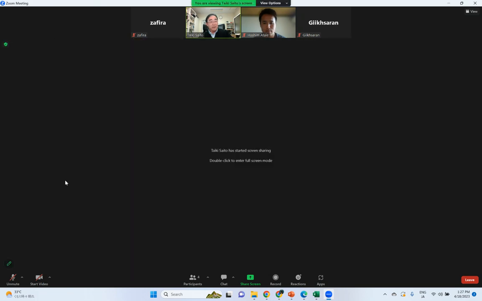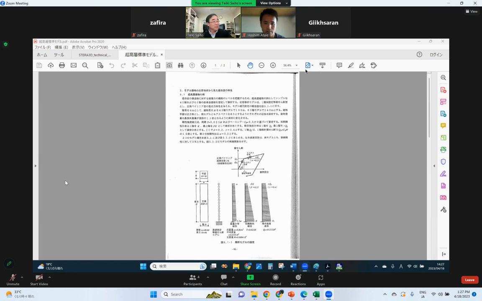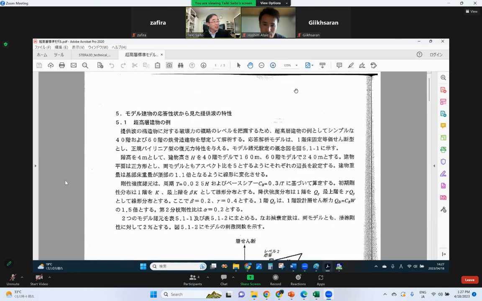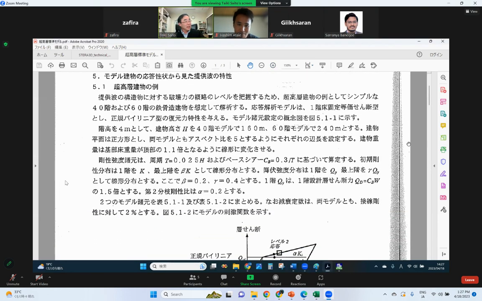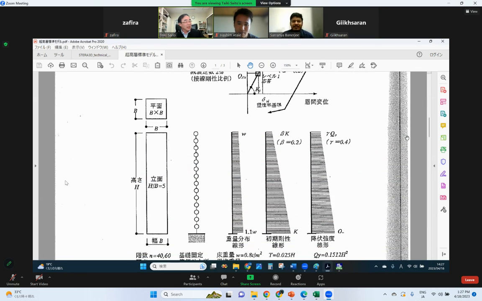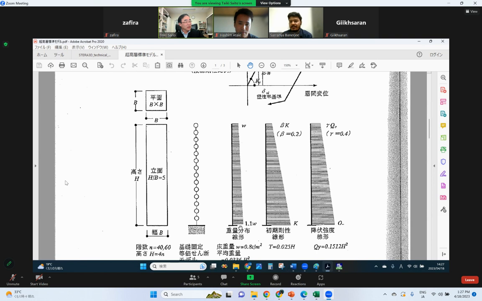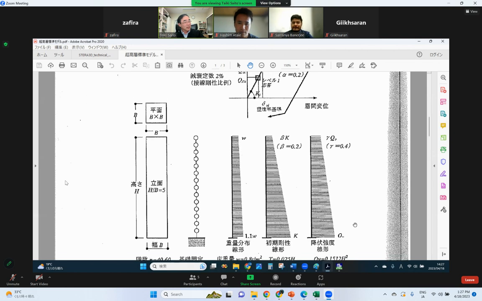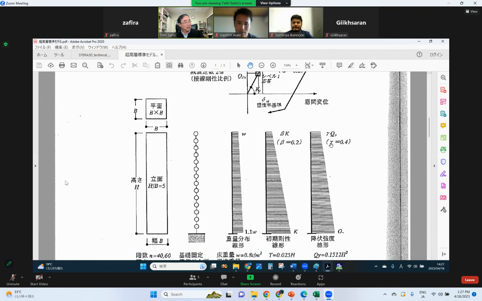Well, I found this paper. Can you see? Sorry, it's in Japanese, but this is a typical high-rise building. The weight distribution is almost the same along the height, but the stiffness goes down a little along the height, and the shear force is going down along the height.